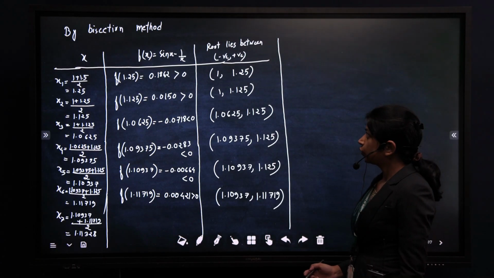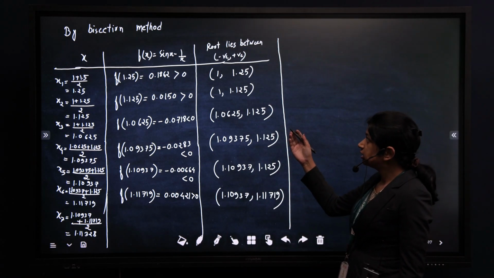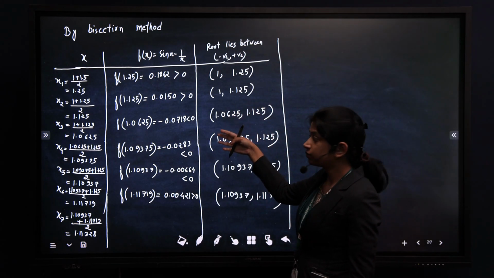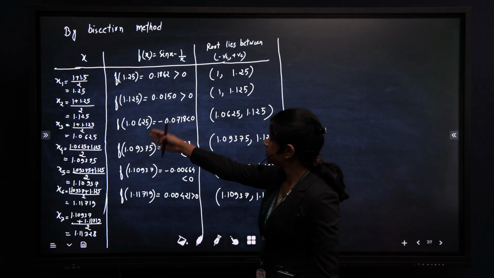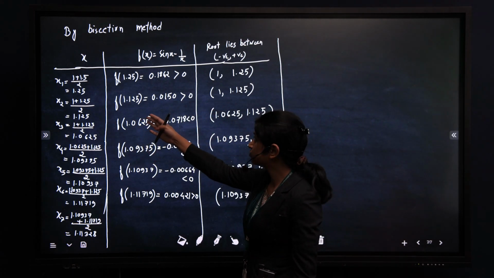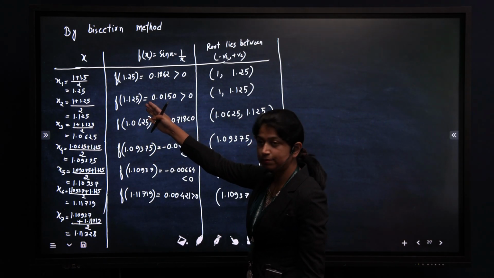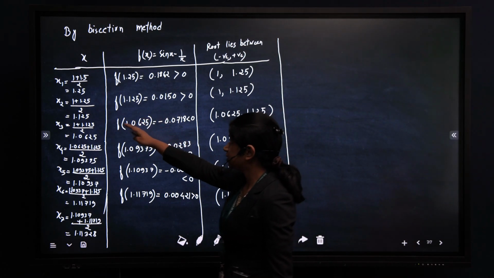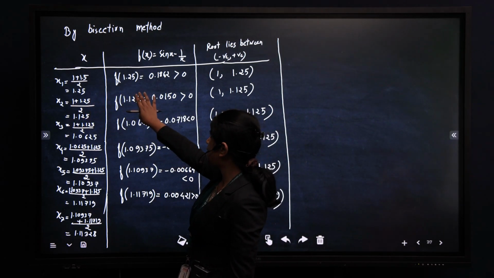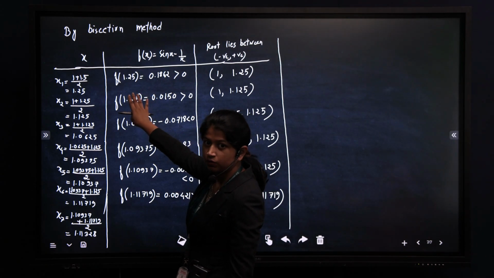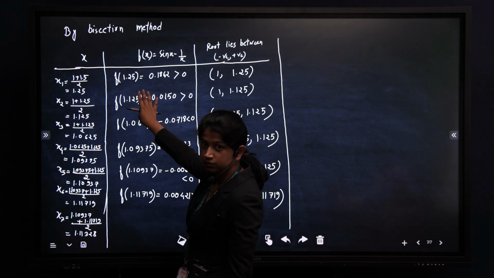Okay, so by bisection method we make a table here. So by bisection method, what we get for x, first one, x1 will be 1 plus 1.5 by 2. Okay, so that is giving us 1.25. Then we need to check the value at 1.25. What is function is giving the value?